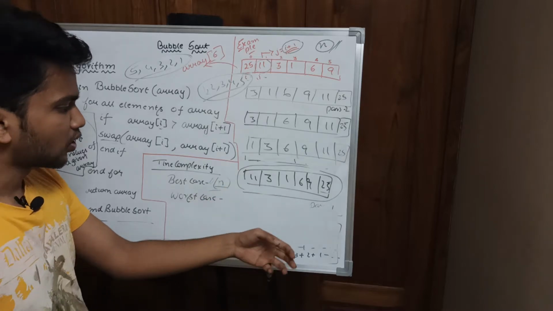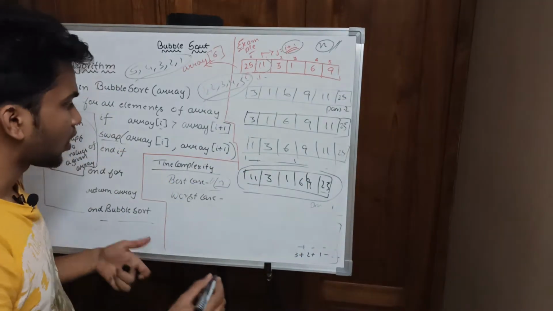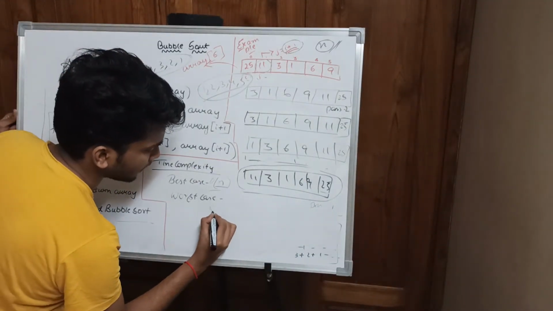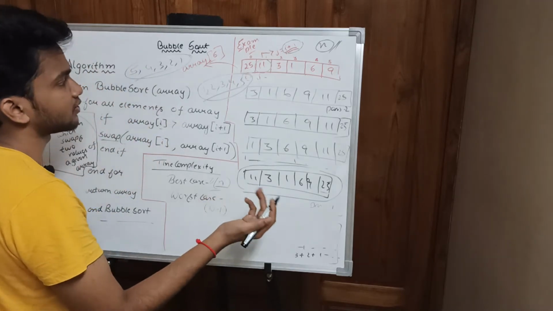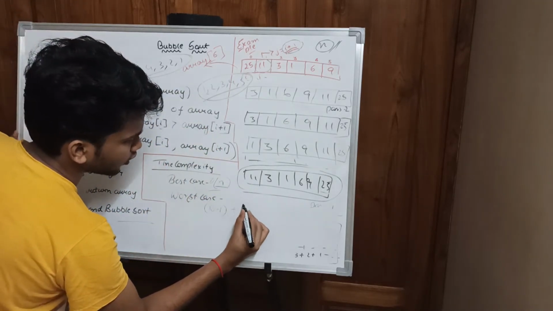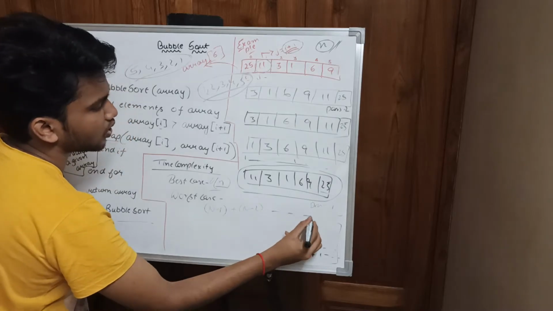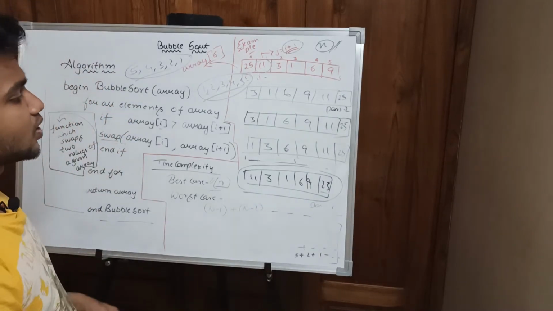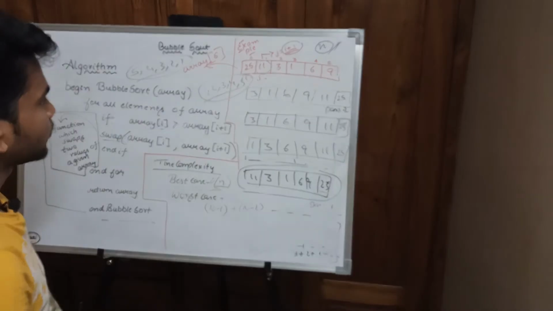I guess you got to know about the average case, right? Now how can that be performed? N minus 1 comparisons in the first pass, followed by n minus 2 and so on. The process continues because we have to perform multiple swaps for every element.